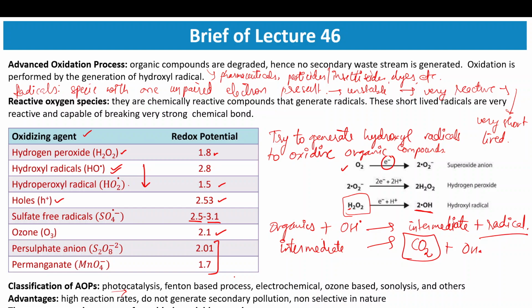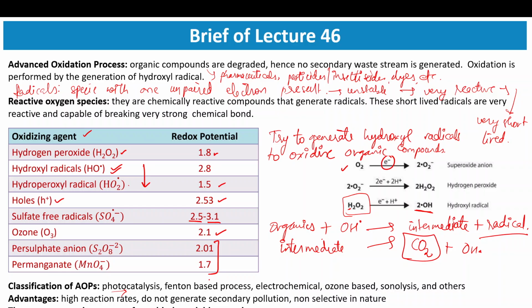Now if you talk about adsorption, then again you will be generating pollutant adsorbed on the adsorbent, and the used adsorbent at the end you need to send somewhere or dispose of in landfill sites. So that is nothing but generation of secondary pollution, right?